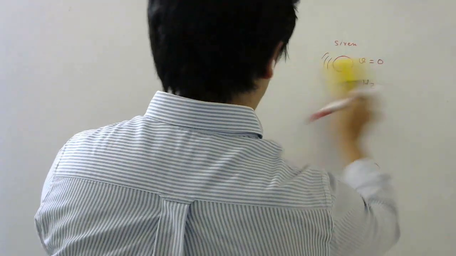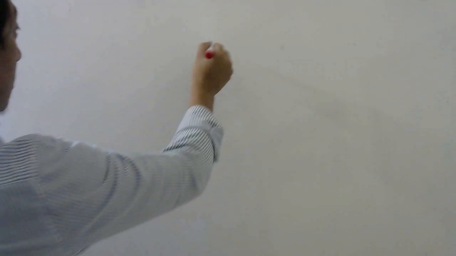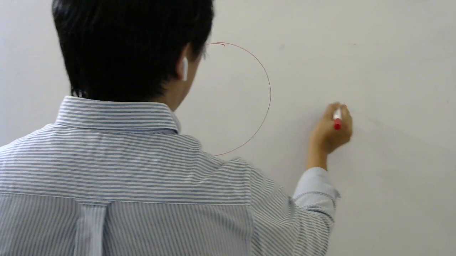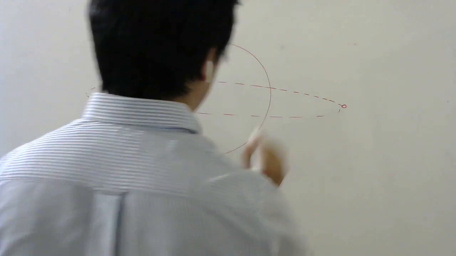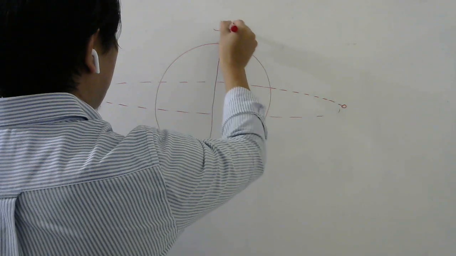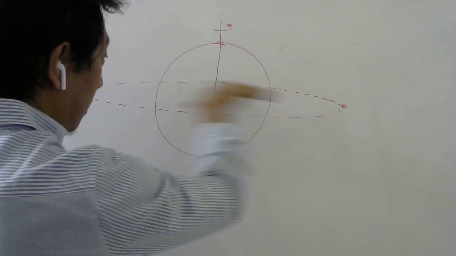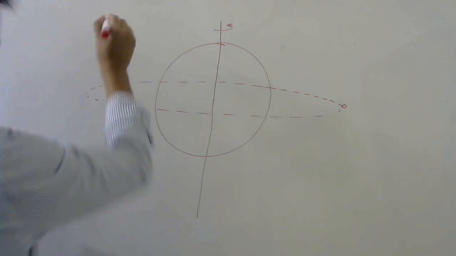So if this is your Sun and this is Earth, and Earth is rotating around the Sun, this is the plane. The Sun should rotate around its axis passing through the center, and that axis should be perpendicular to this plane they have mentioned.